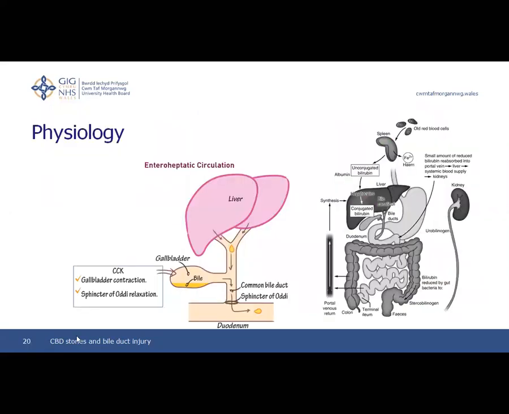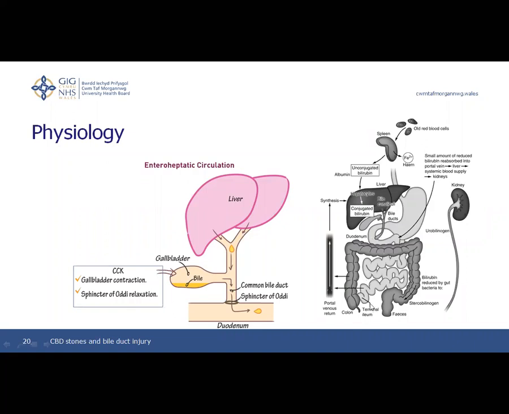So coming on to some physiology before we get into common bile duct stones, everyone knows the bile is formed from the remnants of old blood cells, which break into heme and globin. The heme forms the bilirubin, which gets conjugated in the liver, and this conjugated bilirubin enters the bile and gets secreted into the second part of the duodenum and enters the intestine.